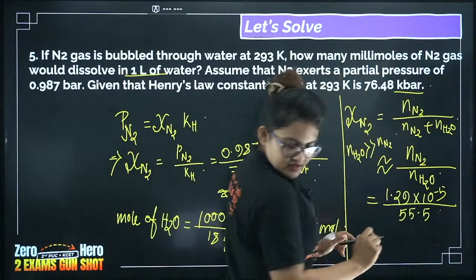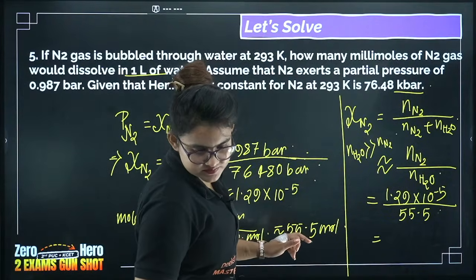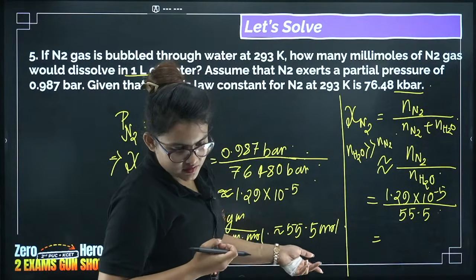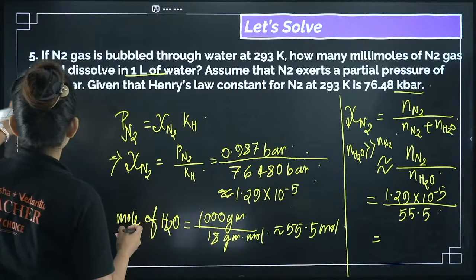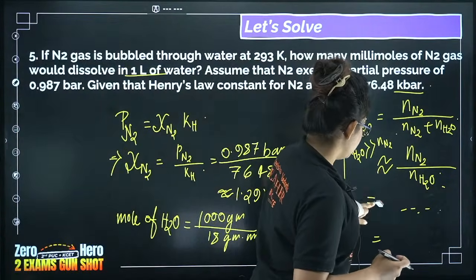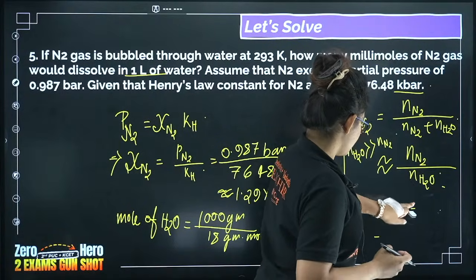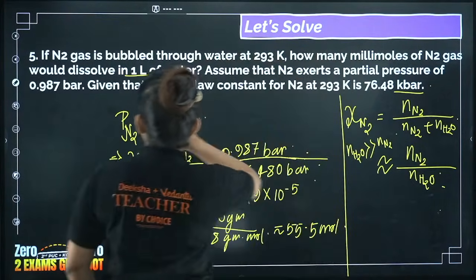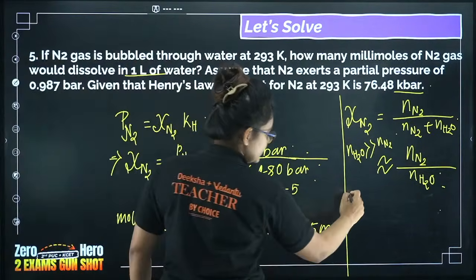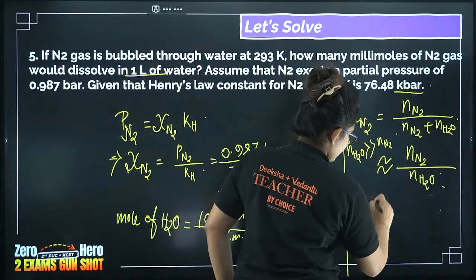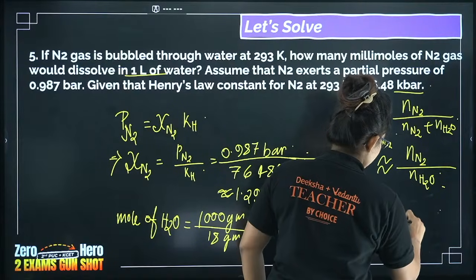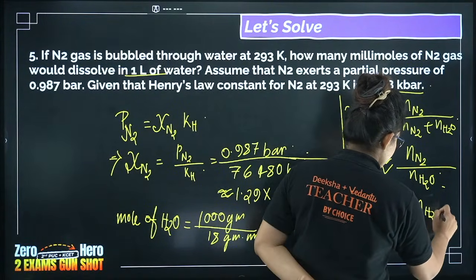Okay, so from here if you calculate, it will come as mole fraction. Number of moles you have to calculate. Wait, just a minute. From here you can proceed: number of moles of N2 is basically equal to mole fraction of N2 into number of moles of H2O.